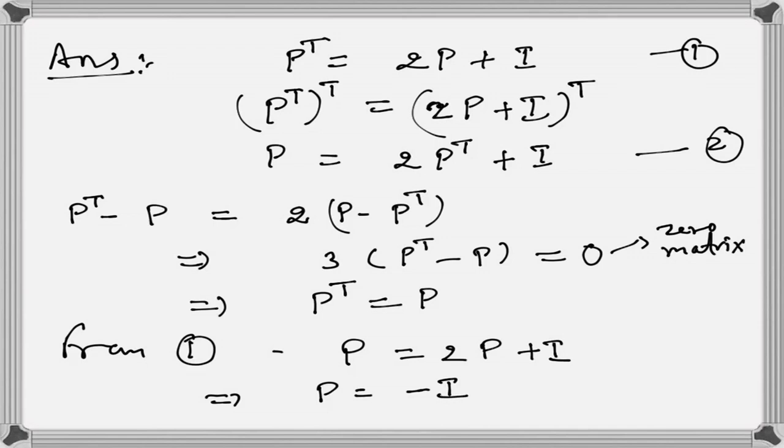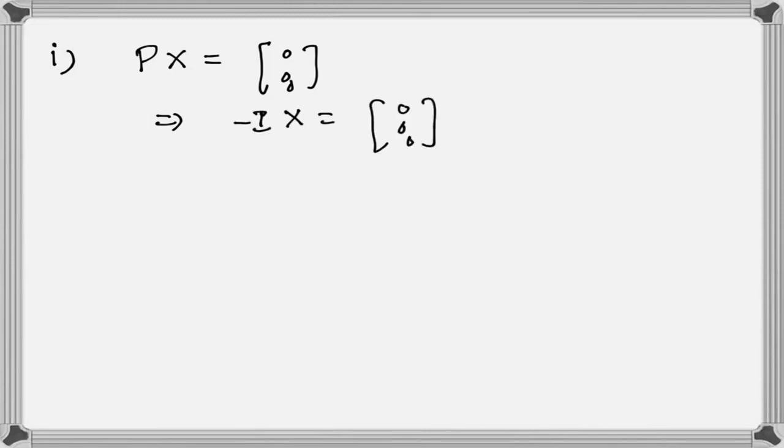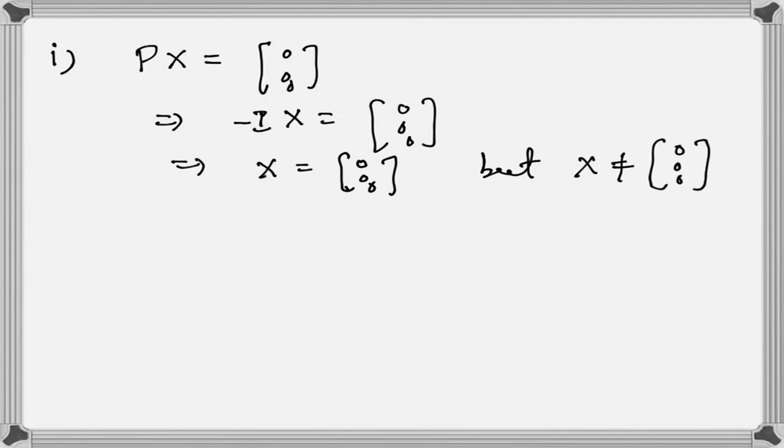Now let's check which options are true. The first one is Px is equal to 0. This implies that P is minus I, so minus Ix is (0, 0, 0), and this gives x as (0, 0, 0). But x is given to be non-zero, so this implies 1 is not true.